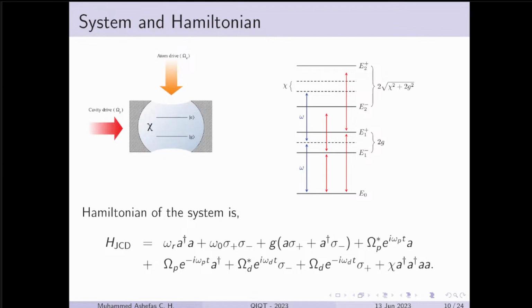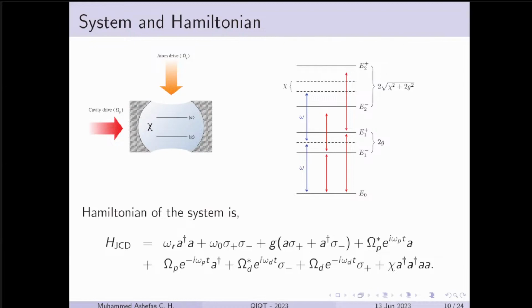Okay, so the Hamiltonian of the system. Now we have the Kerr nonlinearity, which is written here with the Kerr nonlinearity strength chi. Apart from the normal JCM, we have additional driving terms. There is the driving term corresponding to the cavity pumping, denoted by the symbol omega p, and the corresponding frequency is small omega p.